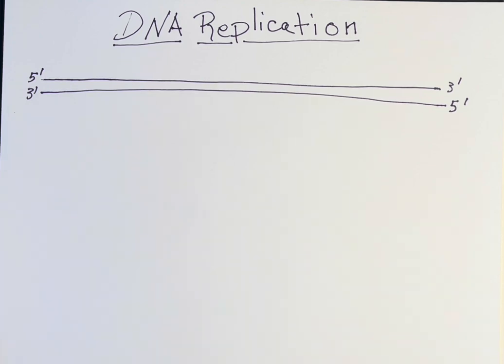And I just drew two parallel lines and labeled them 5' to 3', and the opposite 3' to 5', because again, DNA is anti-parallel.